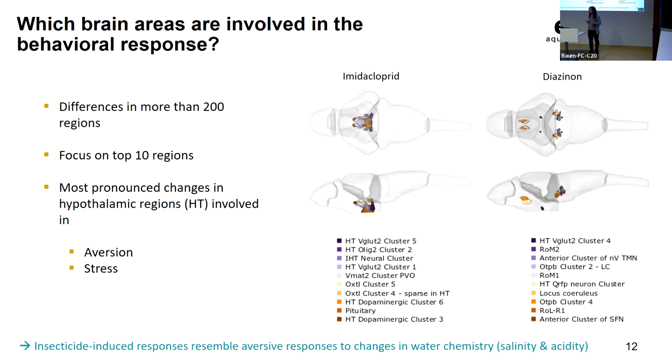We found the most pronounced changes in hypothalamic regions, which is a region that is involved in the stress response. We also found activity changes in hindbrain regions, which have been shown to be involved in aversion before. So we think that these insecticide-induced responses that we see resemble aversive responses to changes in water chemistry.